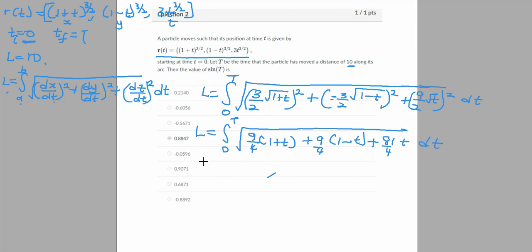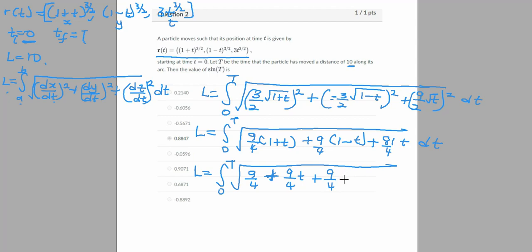So let's rearrange this. L now becomes the integral from 0 to t of the square root of 9 over 4 plus 9 over 4 t, plus another 9 over 4, then minus 9 over 4 t, then plus 81 over 4 t, then dt.